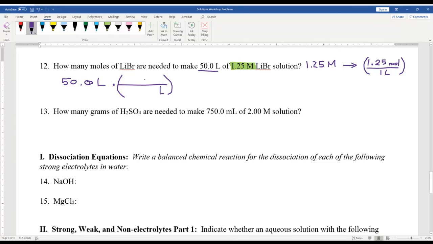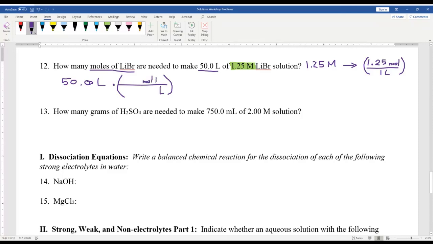And what unit can I put on top? What can I convert liters to? Milliliters? I could convert liters to milliliters, but that's not going to help me get to moles of LiBr that I'm looking for. What can I convert liters to? Moles, exactly. Moles of LiBr.